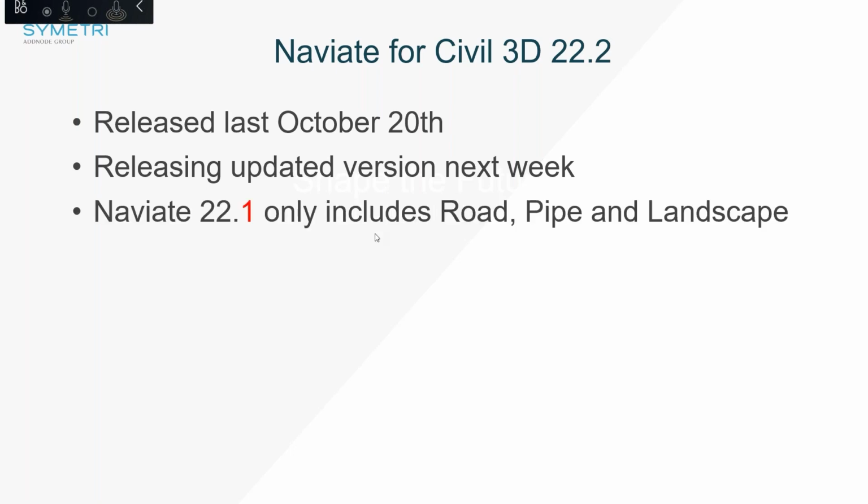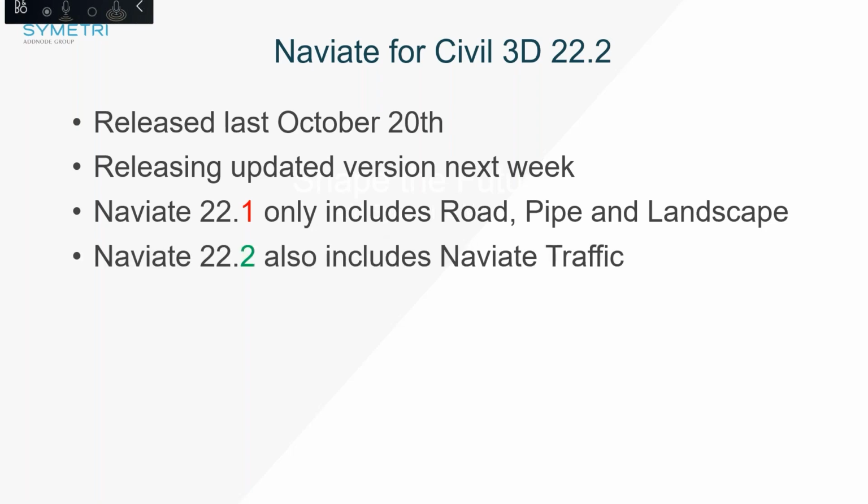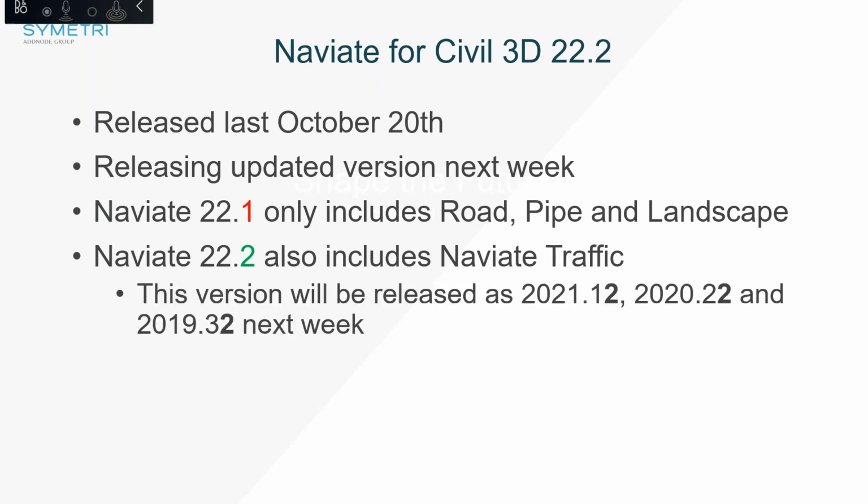The previous version released in June, called Naviate 22.1, only included road, pipe, and landscape, not traffic and autopath. The version 22.2 also includes Naviate Traffic. This version will be released as a version for 2021, 2020, and 2019, and you see the numbering that we are using.